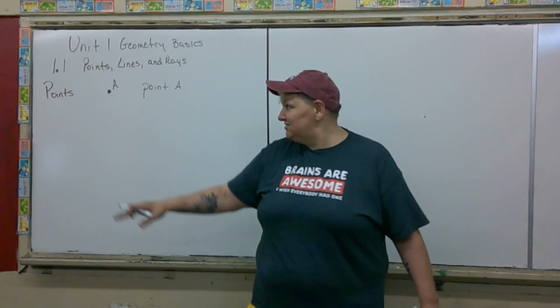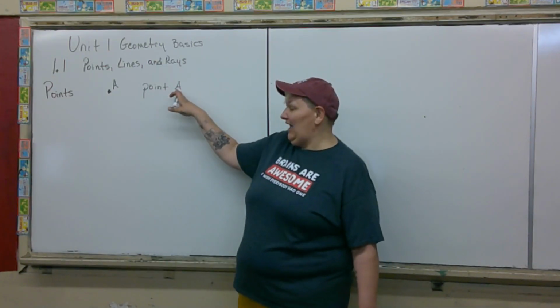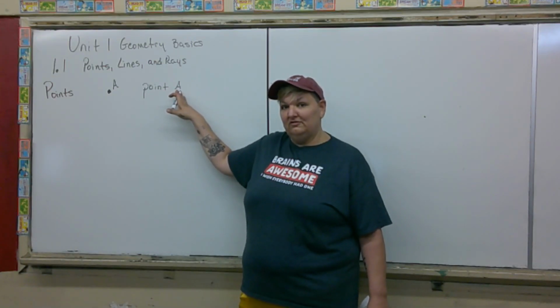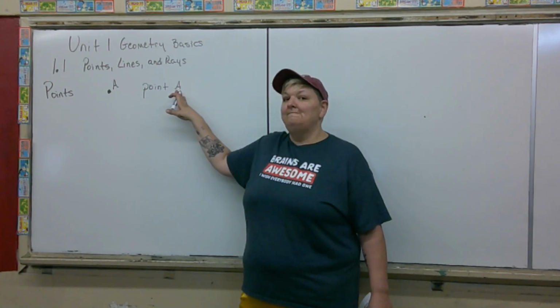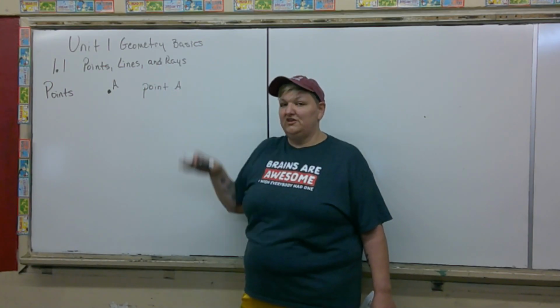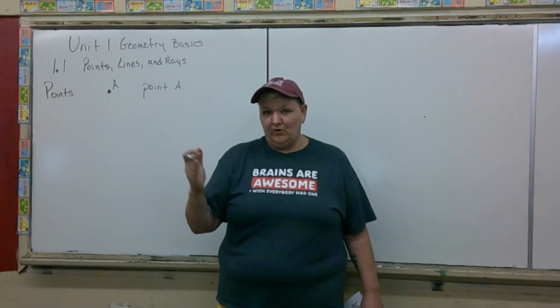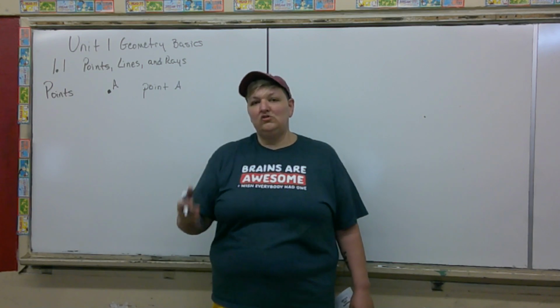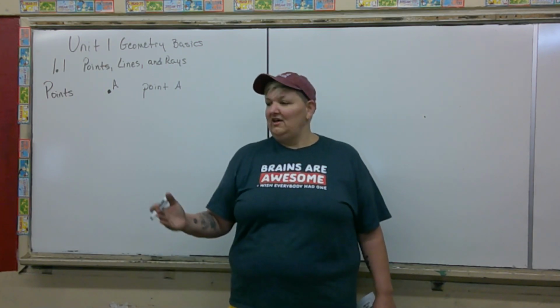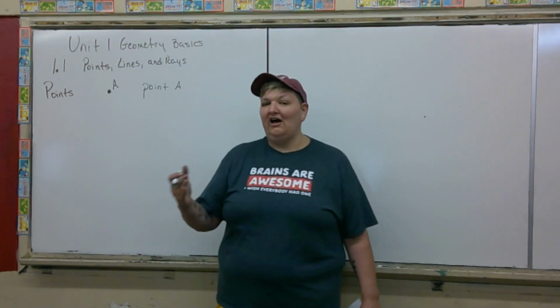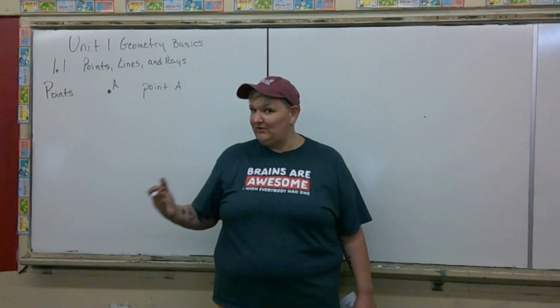The lowercase p for point and the capital for the specific point is important so that you and everyone else know exactly which point you're talking about. No confusion, right? If you and your neighbor do it differently, how do you know if you're talking about the same location?